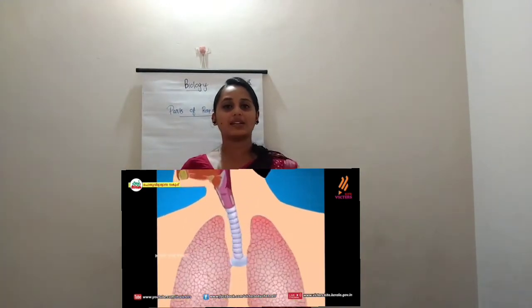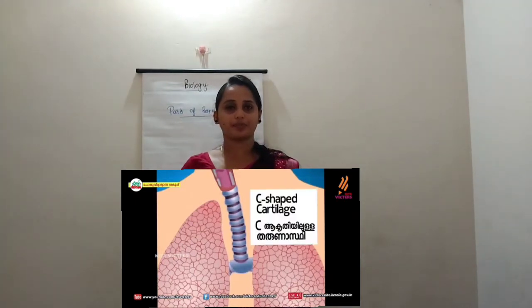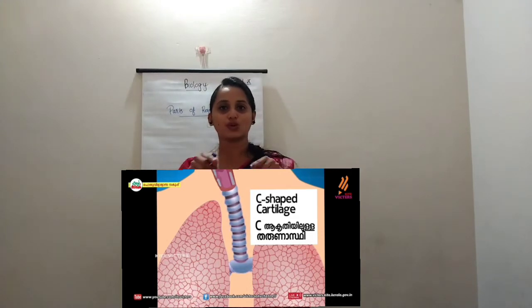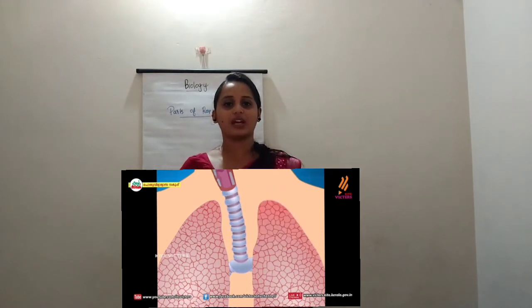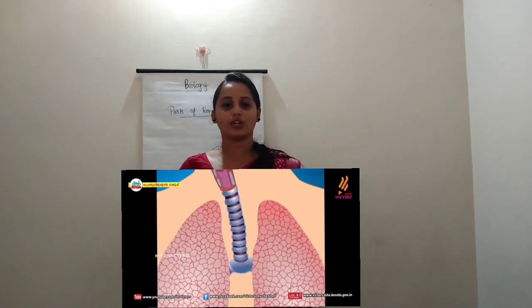Then you can see the two bronchi. Did you see the two bronchi? And the bronchus is divided into two, that is the bronchioles. You can see the bronchioles.